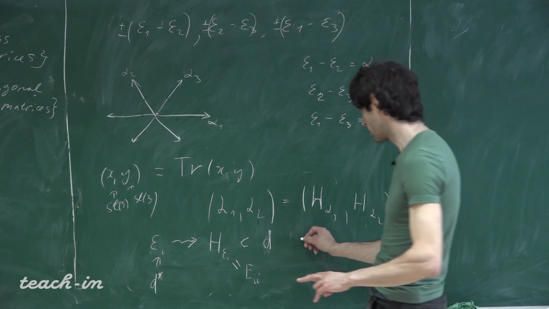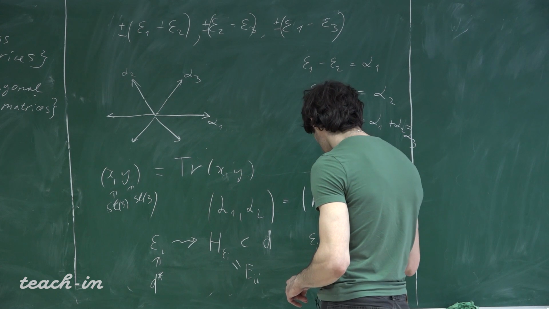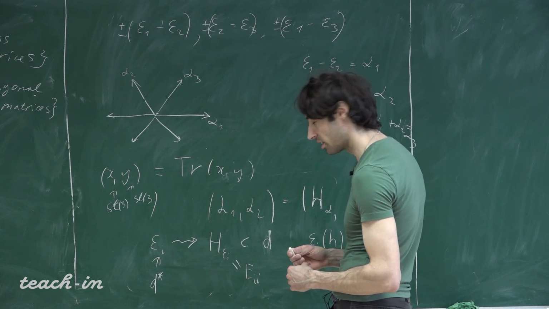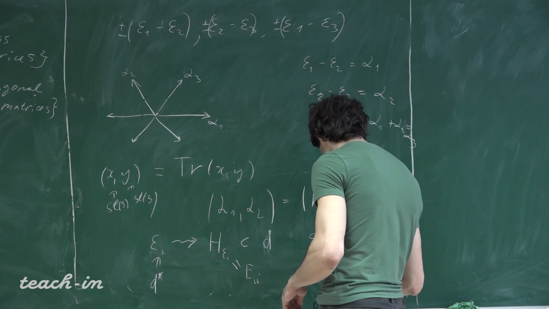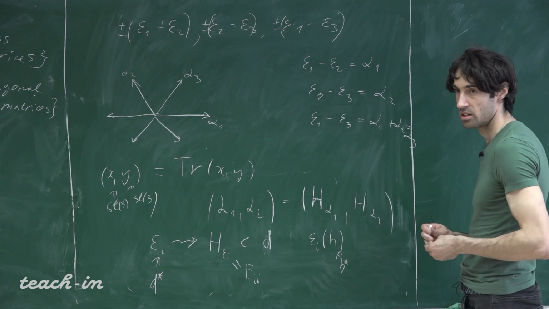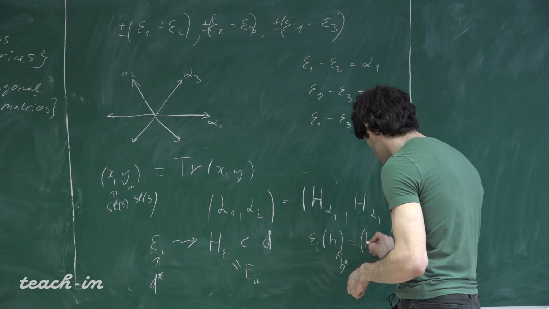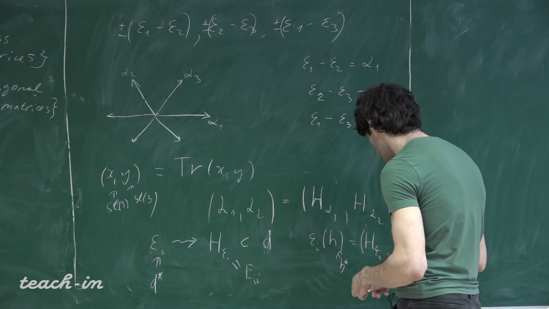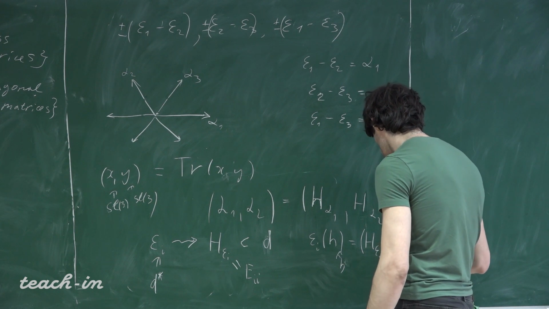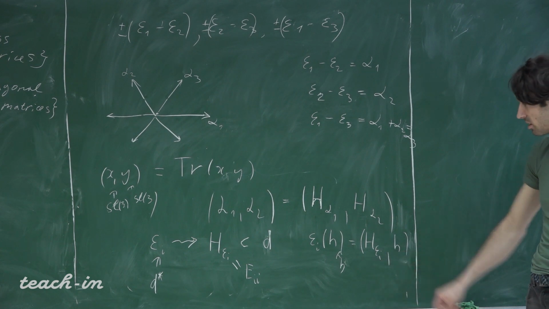If I take epsilon_i and compute it on some element h from h-star, then this is the same as taking h_epsilon_i, without the star. Sorry, you're right: h_epsilon_i with this h. So this is the definition of h_epsilon.